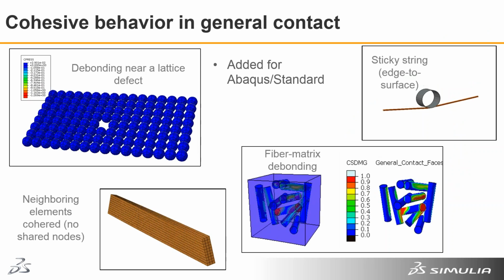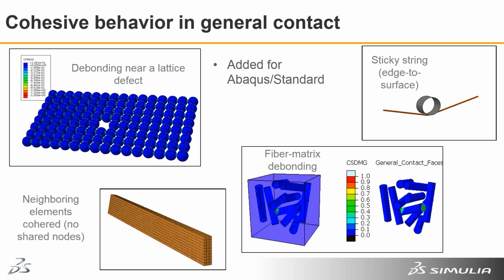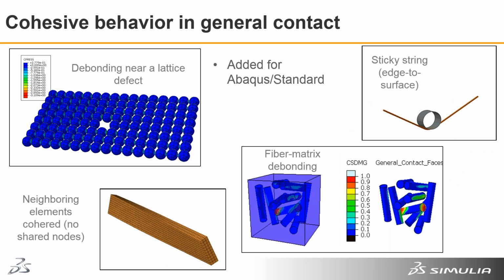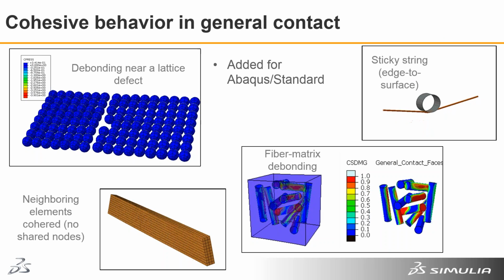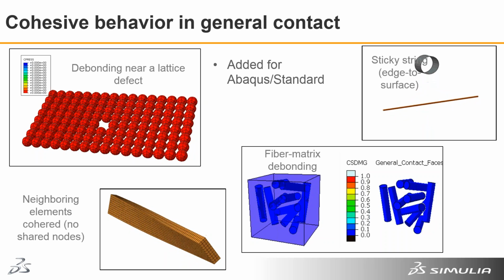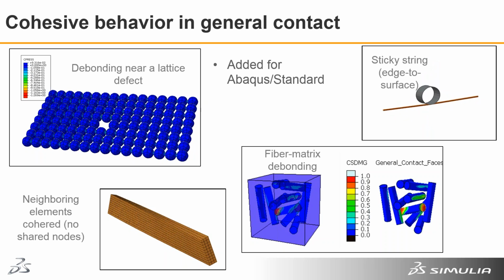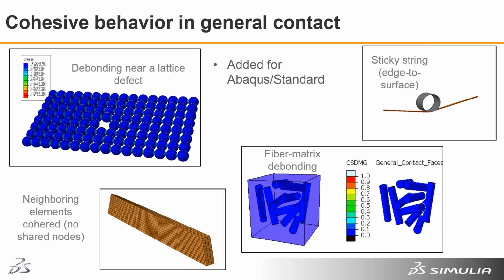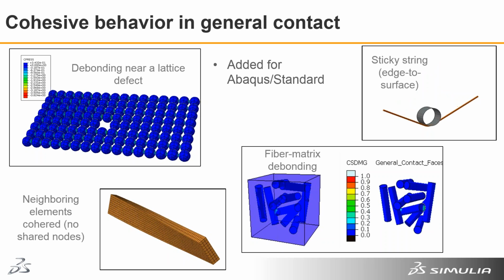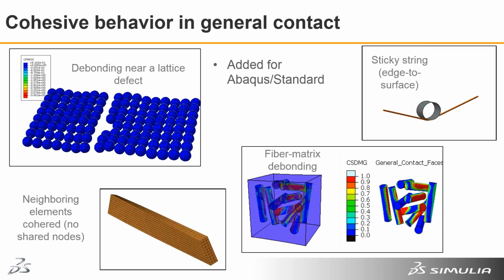The first big ticket improvement in 2017 is that we now have the ability to define cohesive behavior in general contact. I shouldn't imagine that the sticky string problem on the top right was the main motivator for bringing this in. As you can see, all of these things look like technology that's going to be useful in the world of multi-scale modeling.